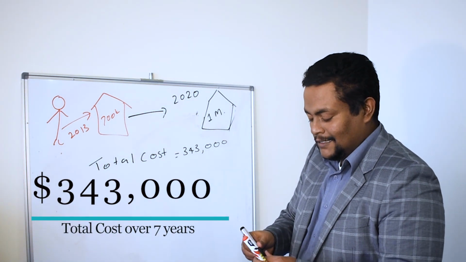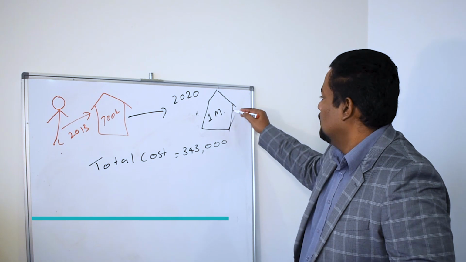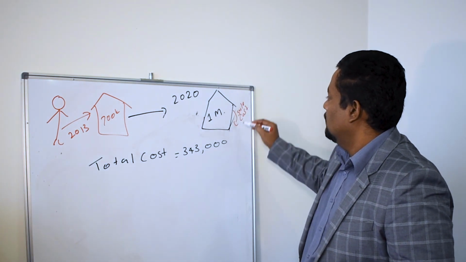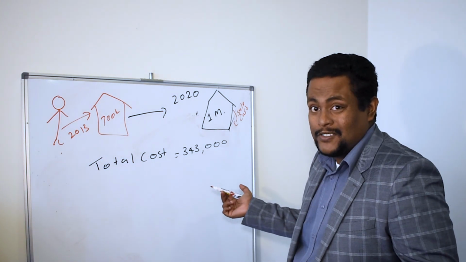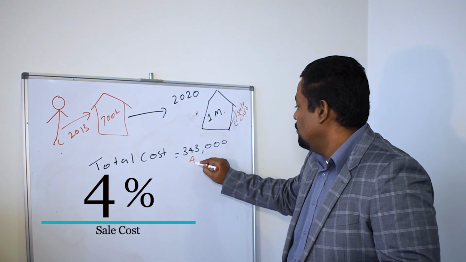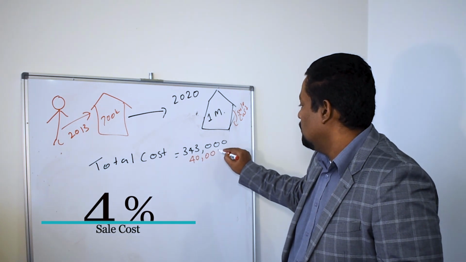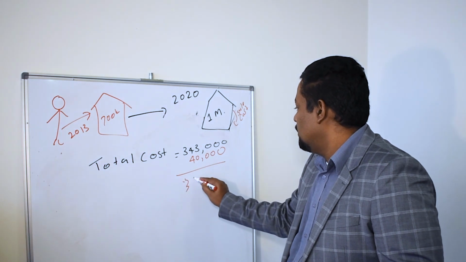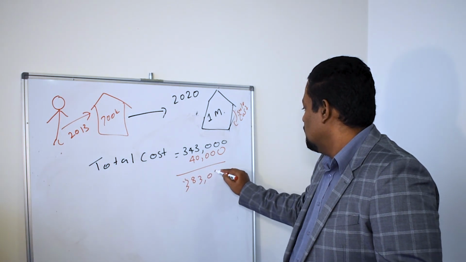Not only that, when you're selling, there's a sale cost of around 4 to 5%. Let's say 4%, so it will cost you another 40,000. So in total it's costing you 383,000.